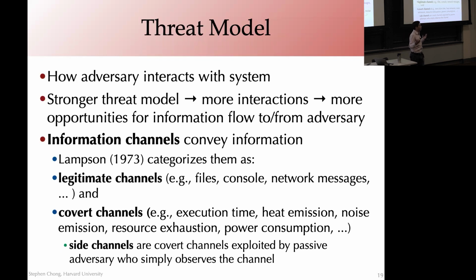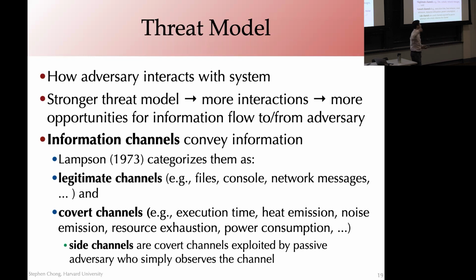Legitimate channels are information channels that are in fact intended to convey information. So these would be things like input-output on the console, network messages, files, reading and writing files, and so on. By contrast, covert channels are aspects of the system that are not intended to convey information, but nonetheless do.